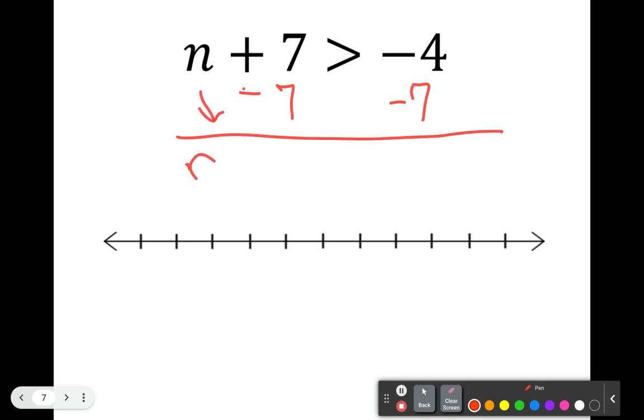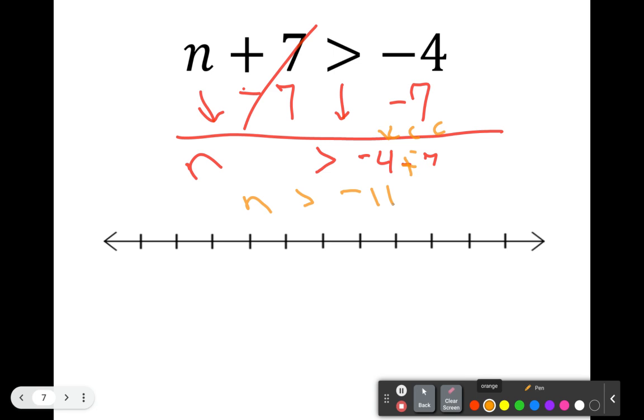Bring down your n. These two cancel. This is your greater than sign, and -4 minus 7. We keep, change. They're the same sign, so we add. So n is greater than -11.